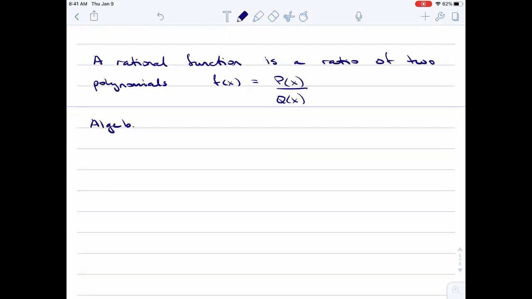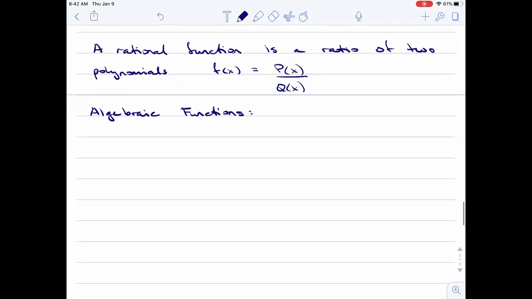We'll move on to algebraic functions. This covers all of those random functions that you see. So you've got x squared plus 4 minus the square root of x minus 1, all those weird things. So just a hodgepodge, a combination. All those would be algebraic functions, because they're just strung together by algebraic operations.